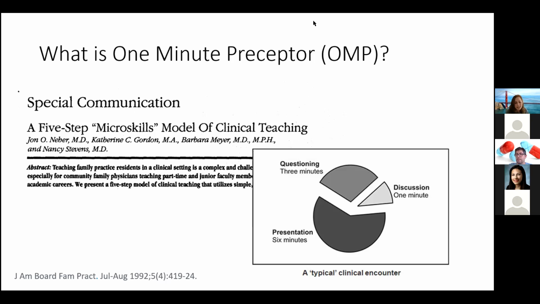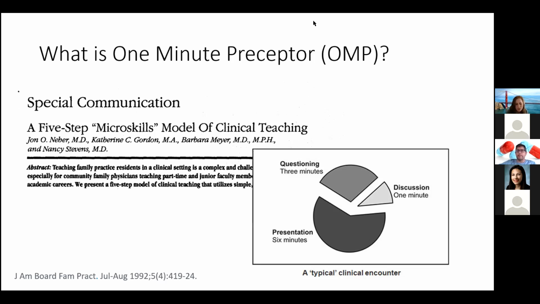Assuming your encounter is 10 minutes where you have this time with the student, and they're presenting to you, that learner is going to spend maybe 6 minutes presenting the patient to the preceptor. And then maybe the preceptor questions the learner for about 3 minutes to get the full story, find out what's missing, and make sense of what's going on and what they need to complete the patient care.